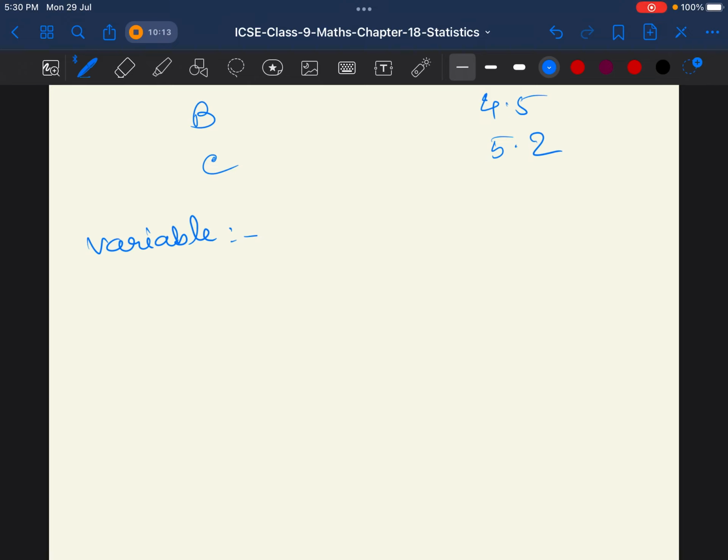A quantity that can be counted or measured and which can vary from one individual to another is called a variable.